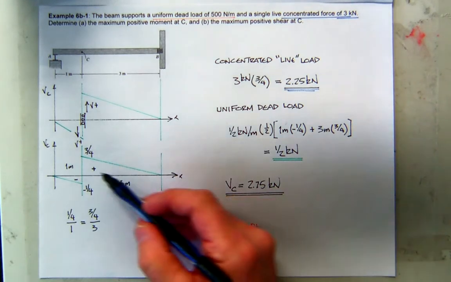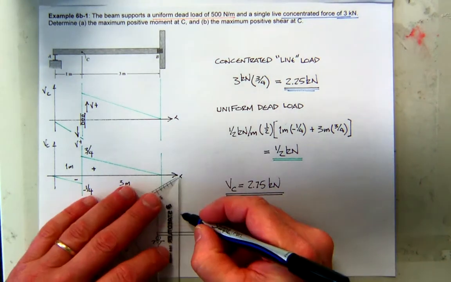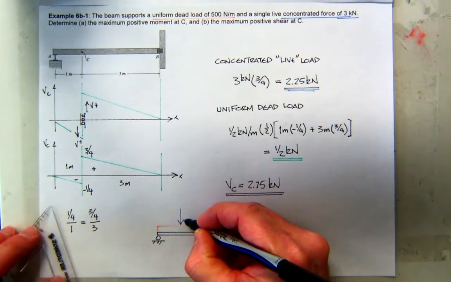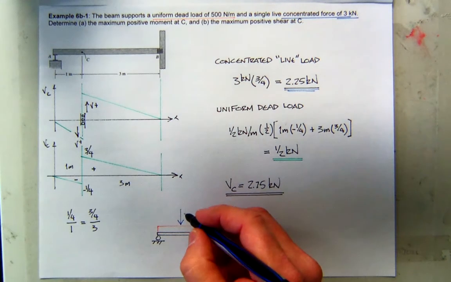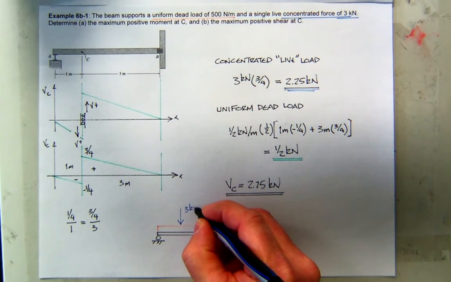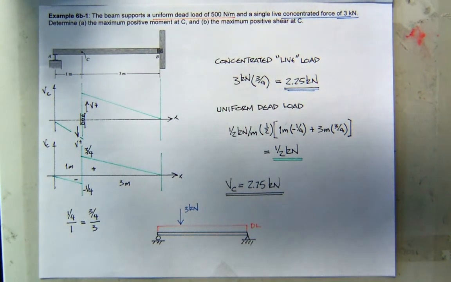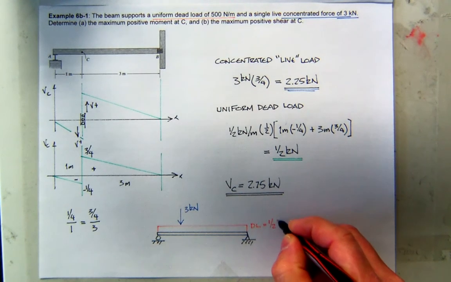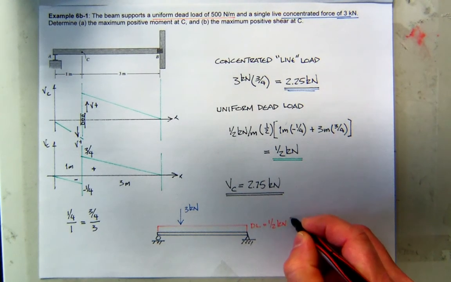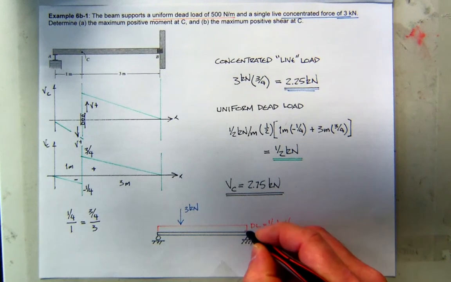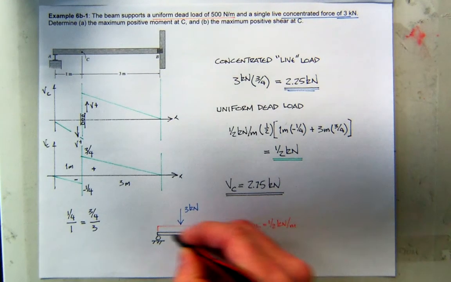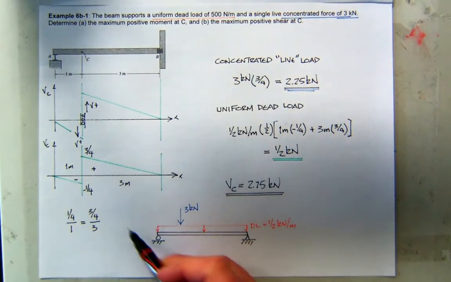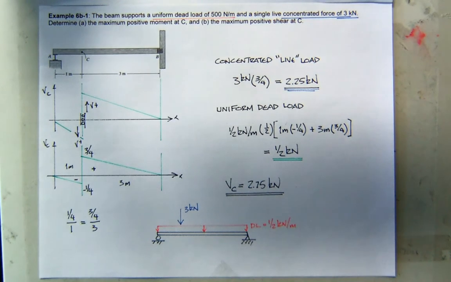Well, we found it was right here at C. So that's where my 3 kilonewton force creates the maximum shear at C. And of course my dead load of 1/2 kilonewton per meter is applied everywhere. So that's the loading combination that creates the maximum shear at C.